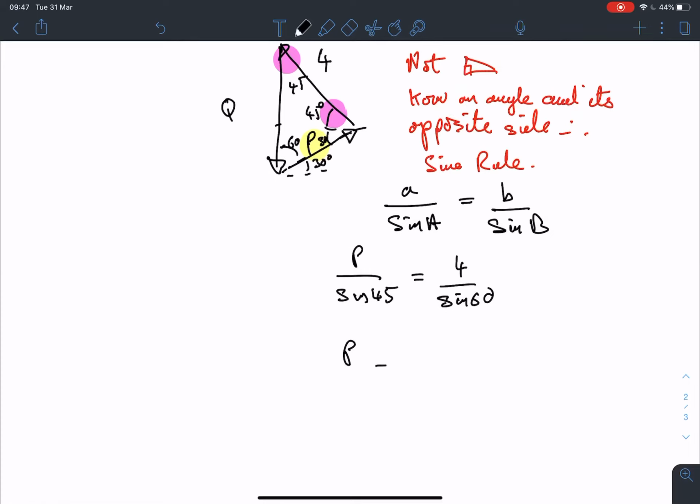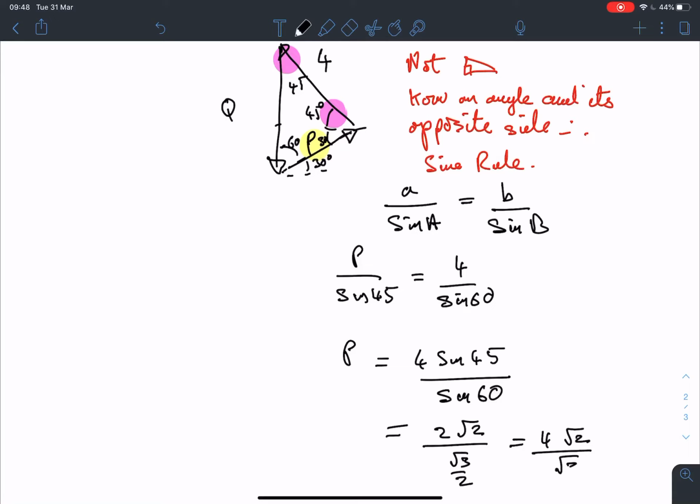So P equals 4 sine 45 over sine of 60. Sine 45 is root 2 over 2, so that gives 2 root 2. Sine of 60 is root 3 over 2, so we get 4 root 2 over root 3, just like we did last time.